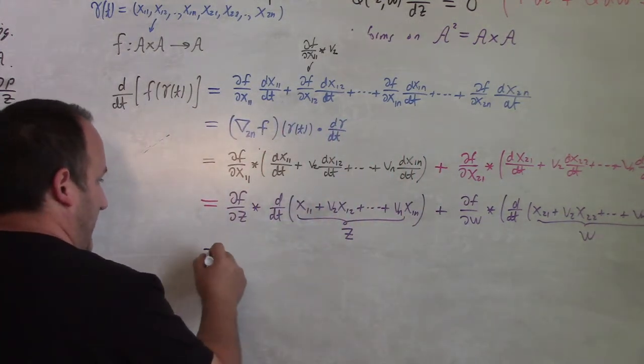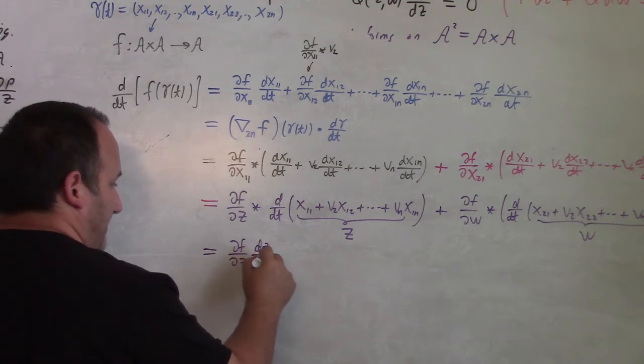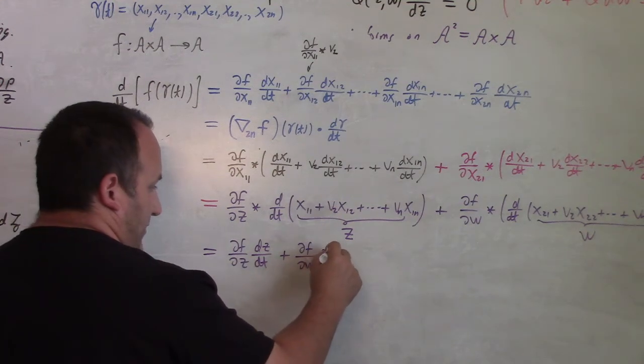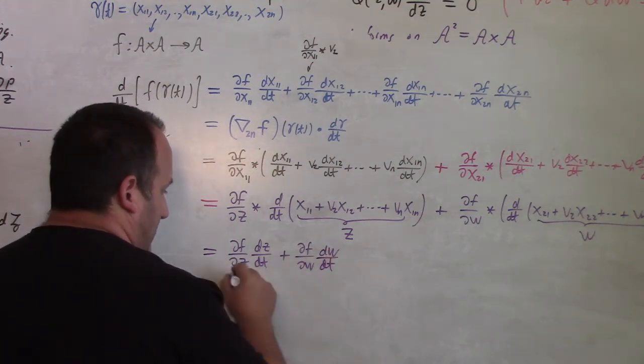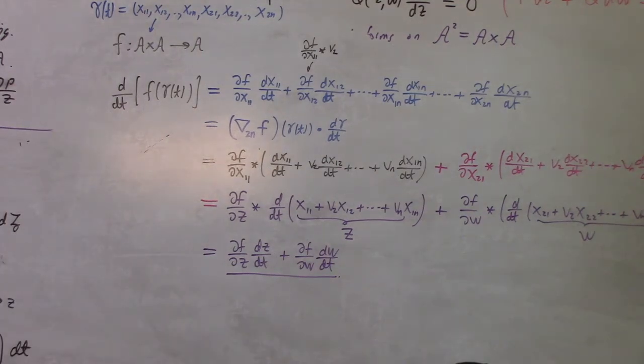So what we have is partial f partial z dz dt plus partial f partial w dw dt, if I drop the stars. That is why this is the derivative of the composite of f with the path on A cross A.